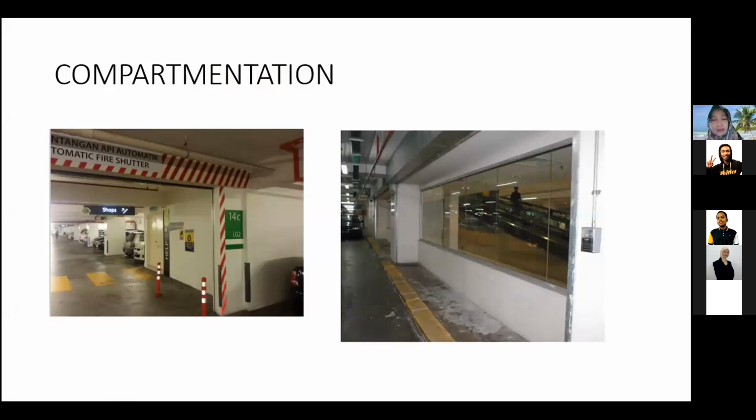shopping complex, other buildings, like sometimes it's a condominium, yeah, you will find this rintangan api automatic fire shutter. Fire shutter is actually to compartment the area so that if there is a fire here, the roller shutter will close down here.